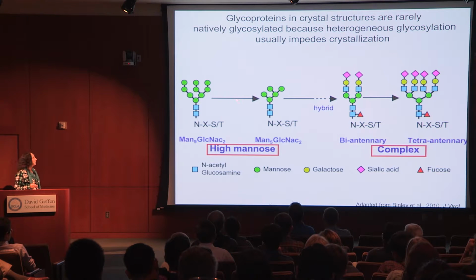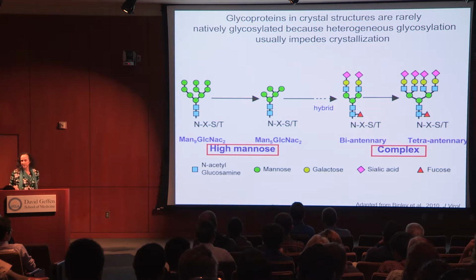Then that gets trimmed by certain enzymes in the ER to a smaller high mannose structure, and when it goes on to the Golgi, it can become a hybrid type, which I've removed here for clarity, or it can become a complex type N-glycan.